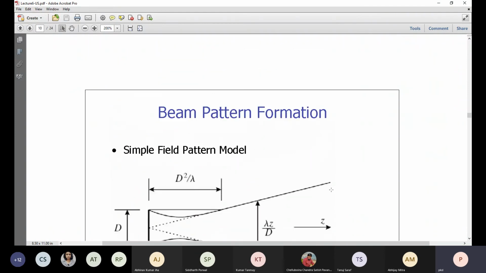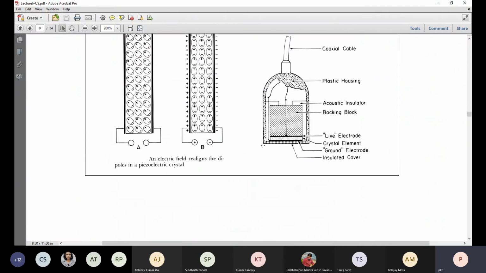However, this source has a dimension much greater than the wavelength of the ultrasound. If we excite at a particular frequency of, say, some megahertz, then the wavelength will be in micrometers, though of course it depends on the velocity.